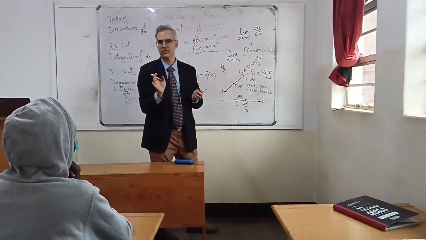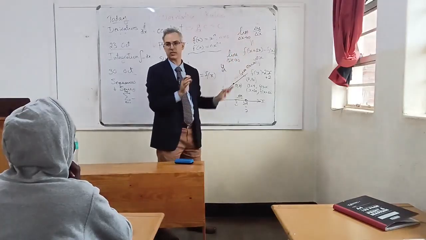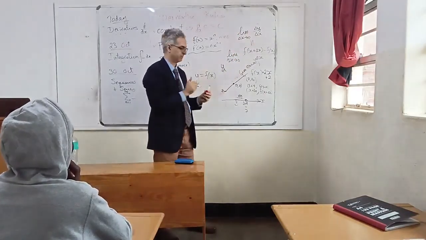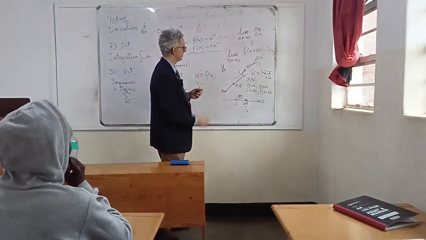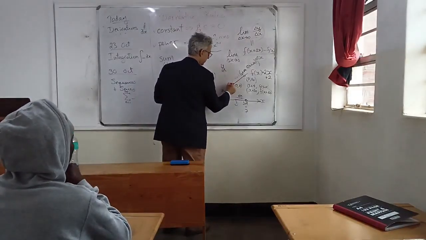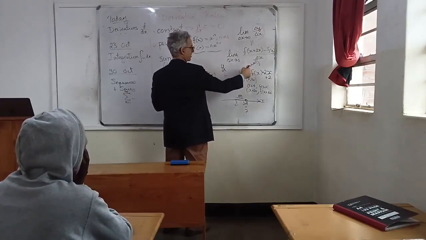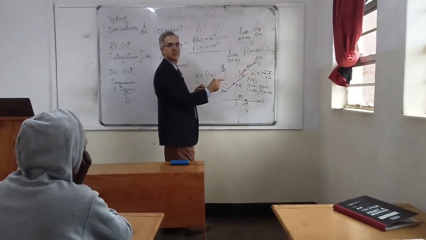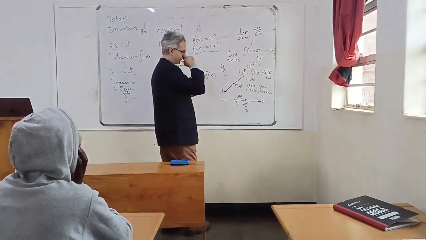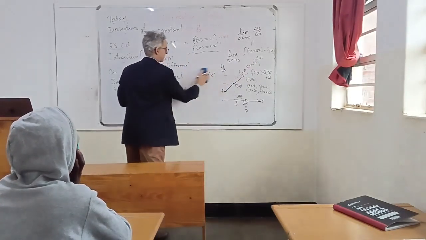If it is equal, then both of these things are equal. Right? So now let's say, this is the y value, f of x. Here, the y value is f of x plus delta x.